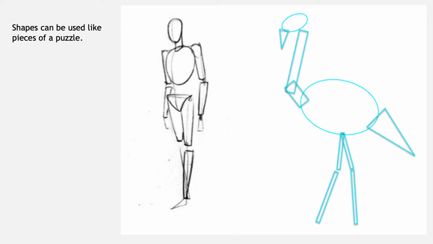But similar to the way that gesture drawings are a good sketching tool or a good beginning to a drawing, shapes can be used in a similar way. So I like to think of them as pieces of a puzzle when they are used in combination to begin a drawing of your subject.